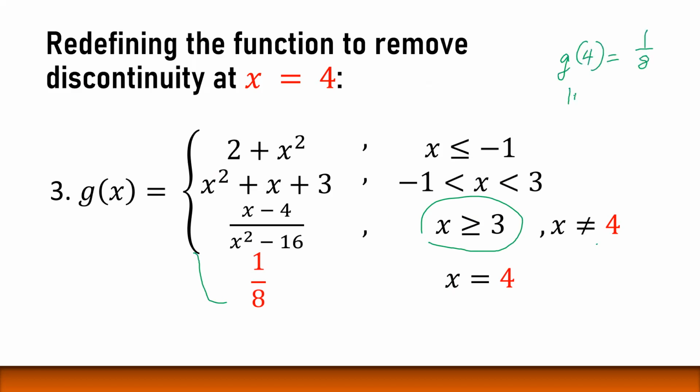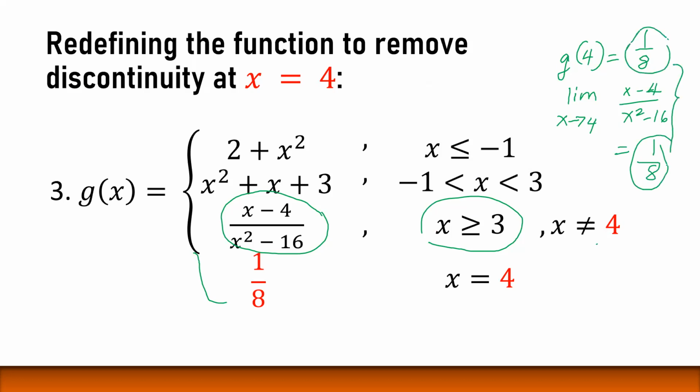So pag kinuha natin yung limit, as x approaches 4, of the same function pa rin, ito pa rin yung left and right ni 4, di ba? X minus 4 over x squared minus 16. Ang makukuha natin sagot dito eventually is 1/8. This will be equal, di ba? Condition 3 will be satisfied.